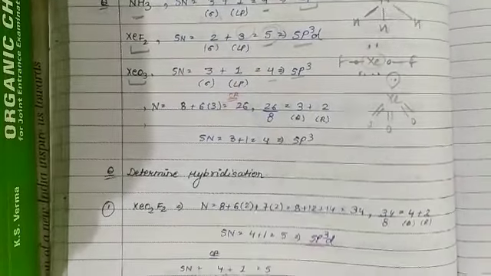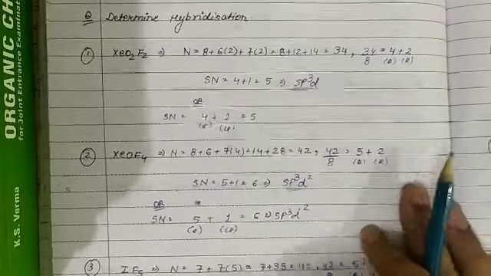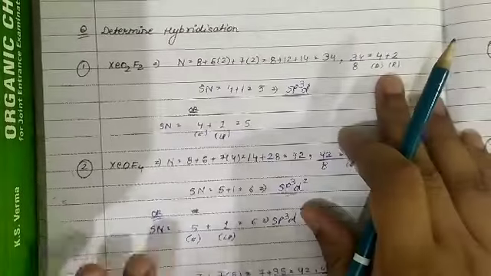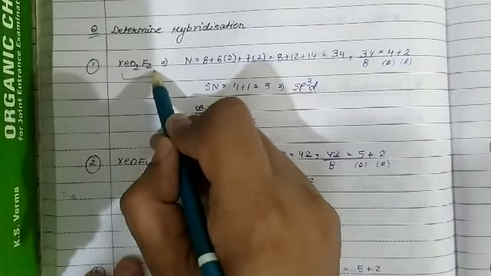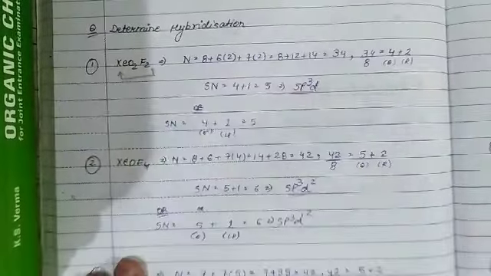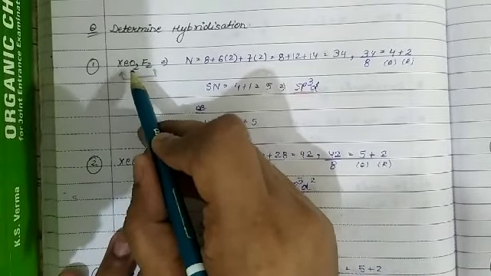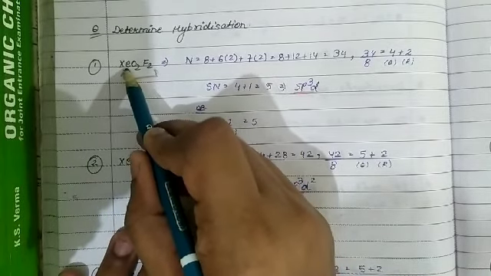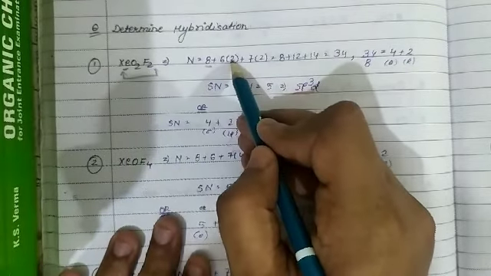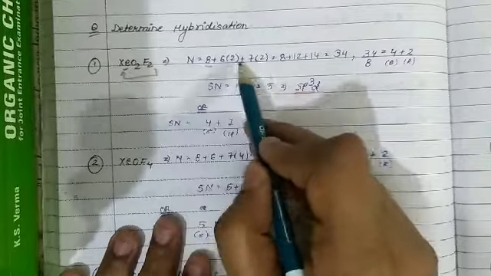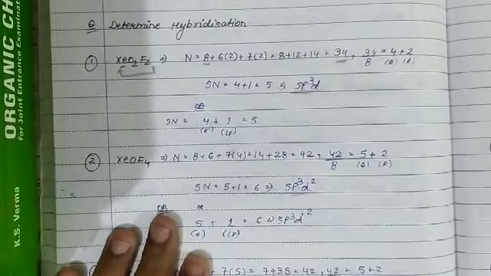Now we have to find the hybridization of the following molecules by using the trick. The first question is to determine the hybridization of XeO2F2. We will first calculate the number of valence electrons. Xenon is group 18, valence electron 8, oxygen group 16, 6 into 2, fluorine group 17, 7 into 2. So valence electrons come to 34.